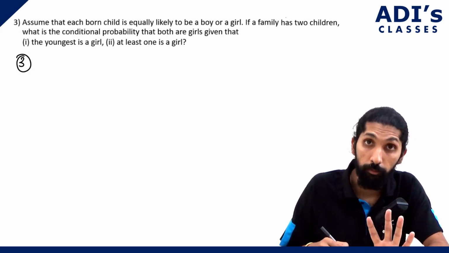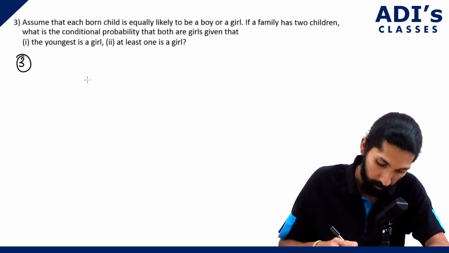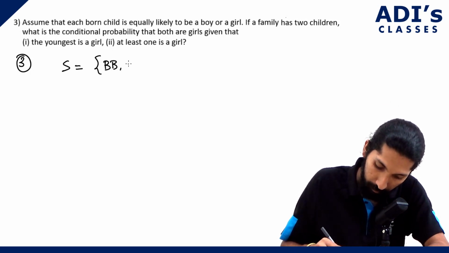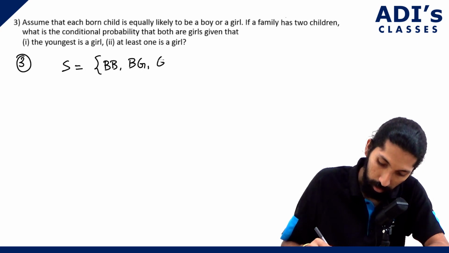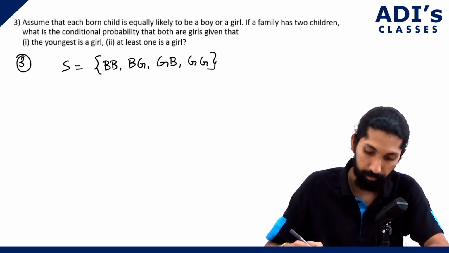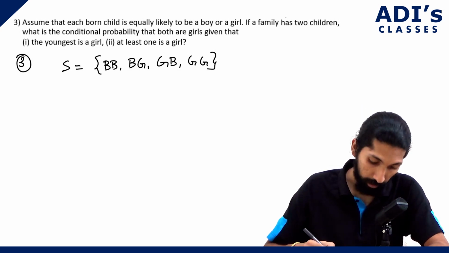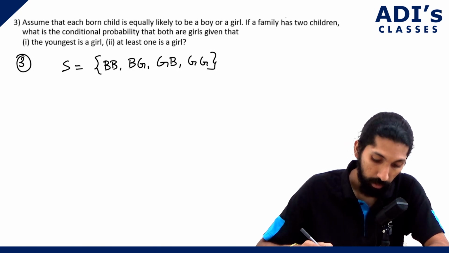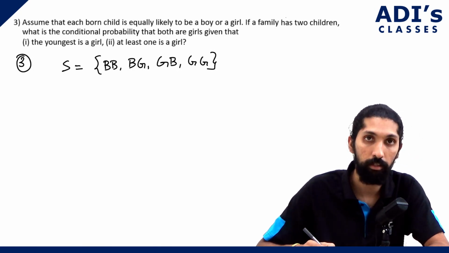Sample space is going to be 4. Correct? So 4 of them: BB, BG, GB, and then GG. Equally likely.